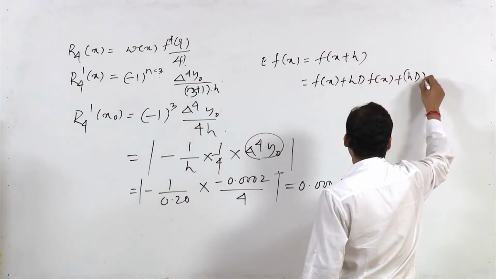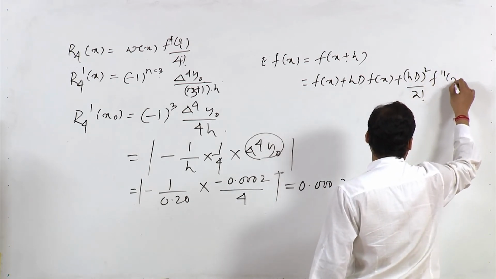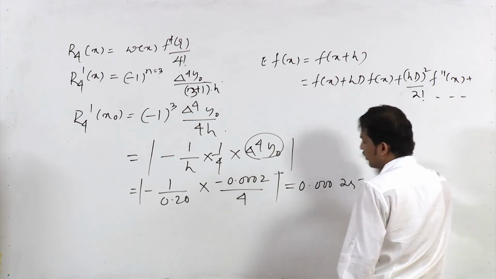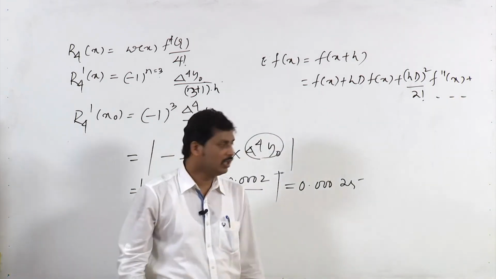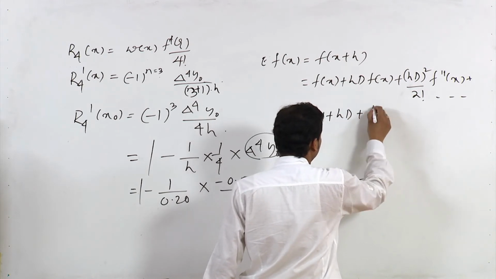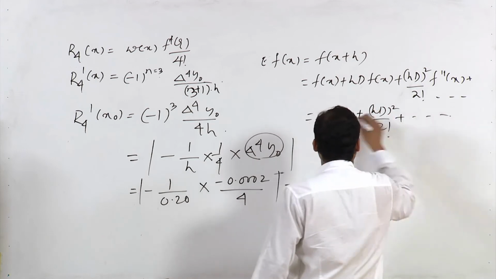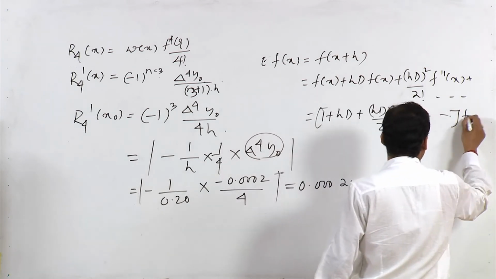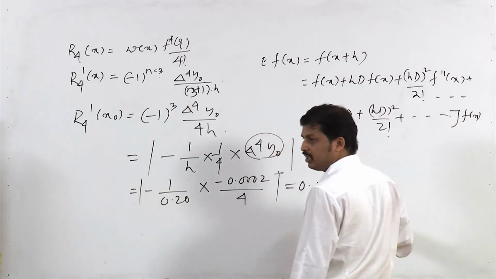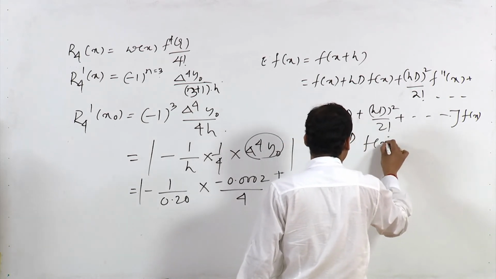plus h d whole square by factorial 2 f double dash of x plus rest of the terms, and usually it can be represented as 1 plus hd plus hd whole square by factorial 2 plus so on, into f of x here, and obviously it can be written in the form of e to the power hd f of x here.